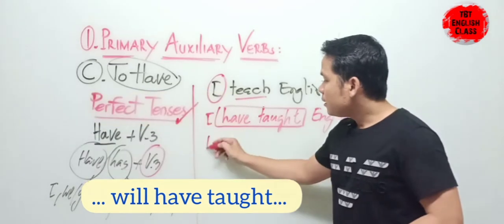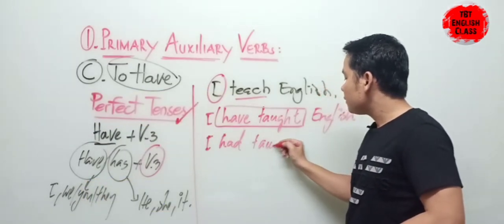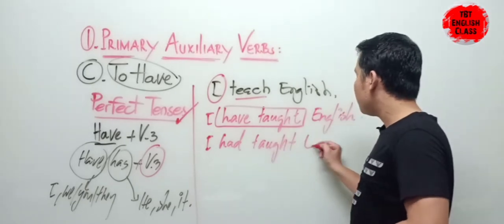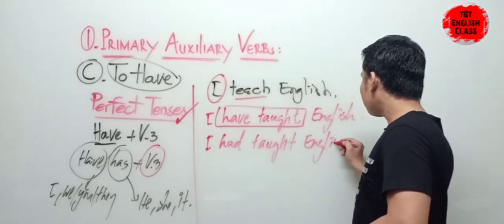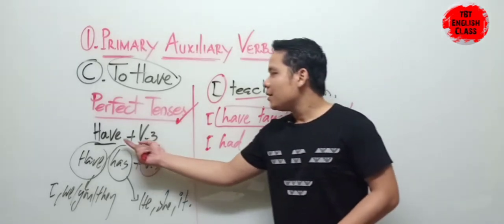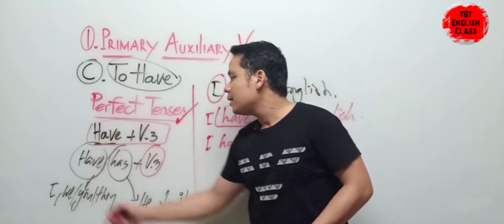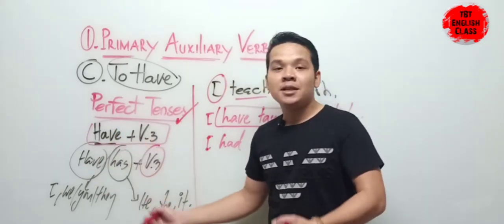I can change "I have taught English" like this to be past perfect tense. Of course, perfect tense can be "have" plus verb 3 for present and "had" plus verb 3 for past.